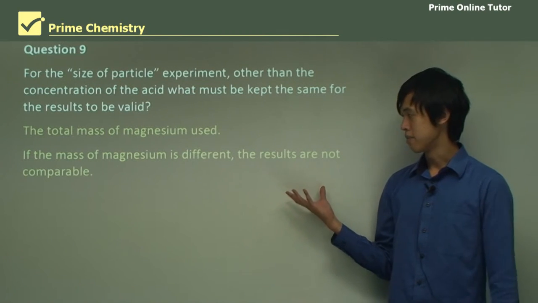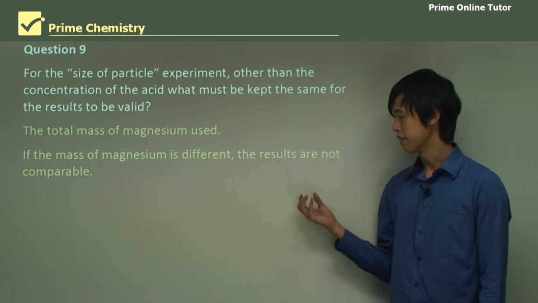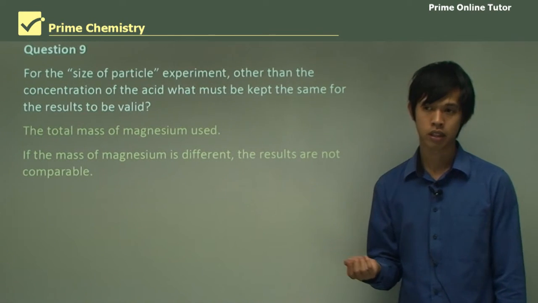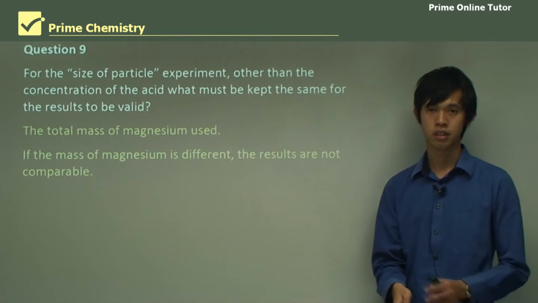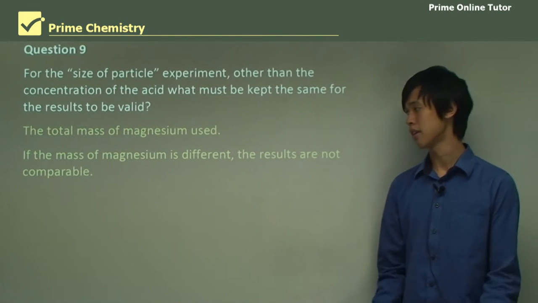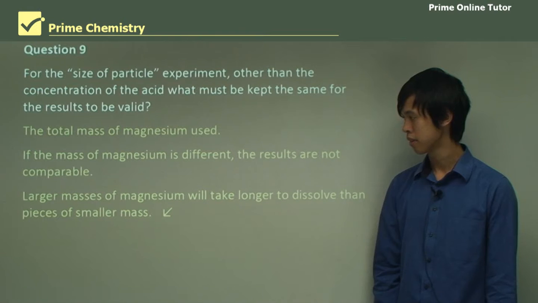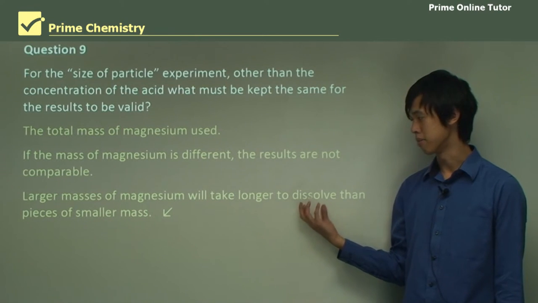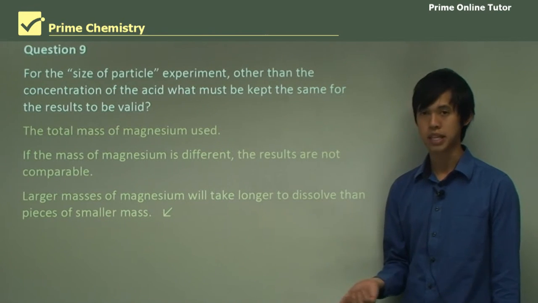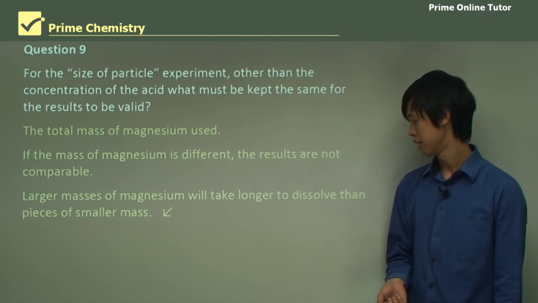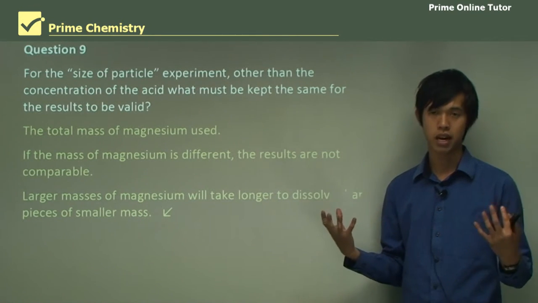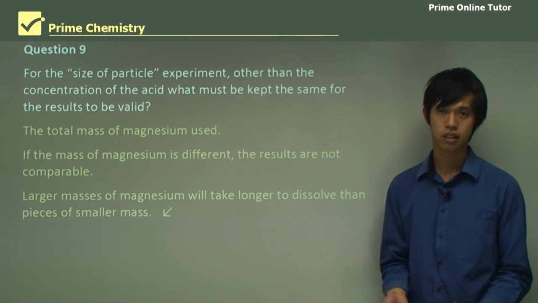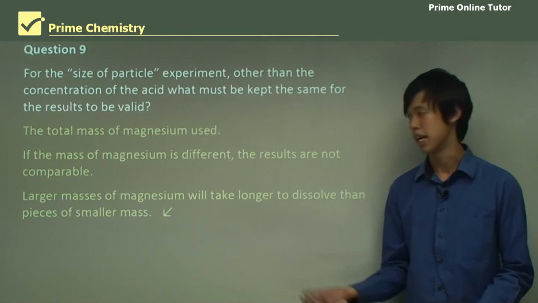If the mass of magnesium is different, the results are not comparable, unless of course you normalize, but again it's still not comparable because one is chopped up and the other one's not. Larger masses of magnesium will take longer to dissolve than small pieces of magnesium, okay? Larger amounts will simply take longer to dissolve, and that's a consequence of the conservation of mass, okay?